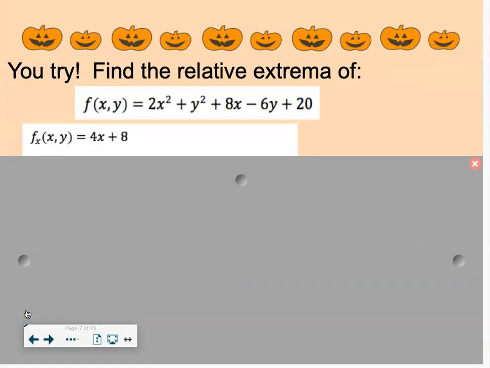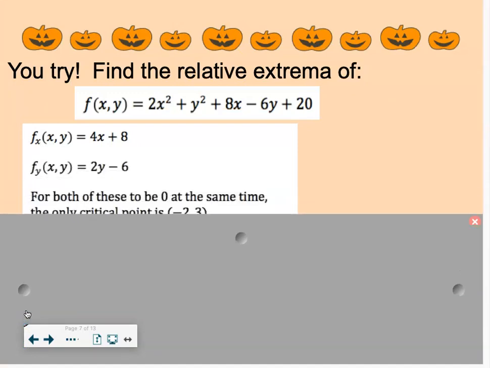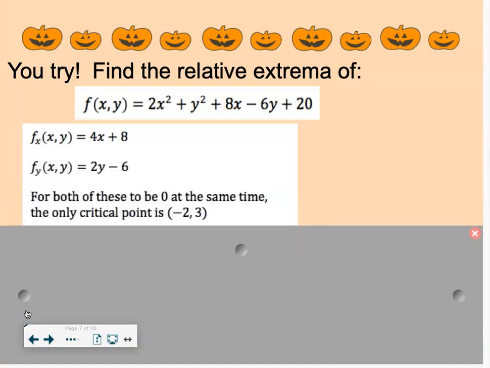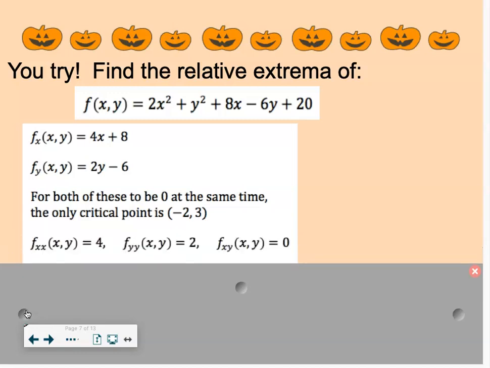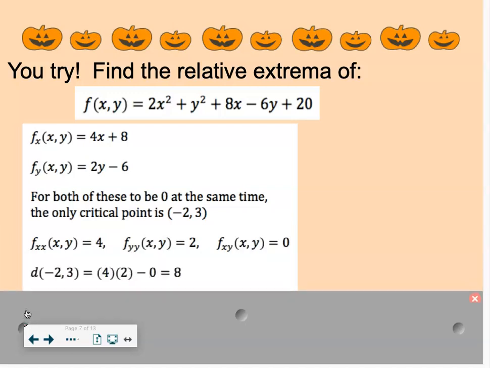All right, so first partial, second partial. The only critical point was -2, 3. It was the only point where the partials were both 0 at the same time. Then we find our second partials. This one was easy, they were all constants. So we end up with a D value of positive 8.